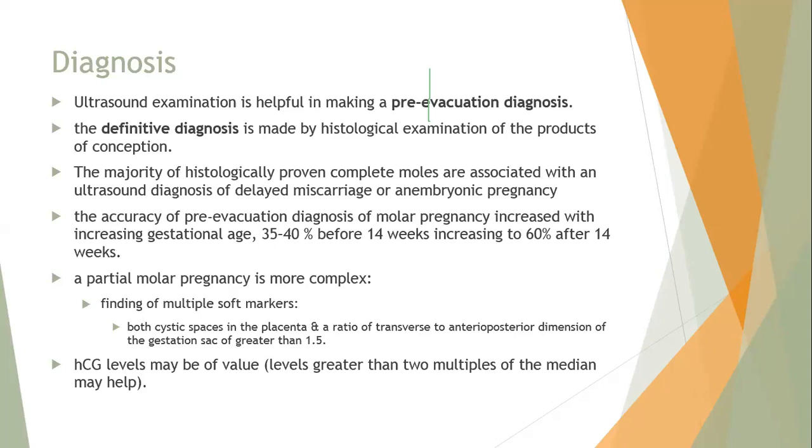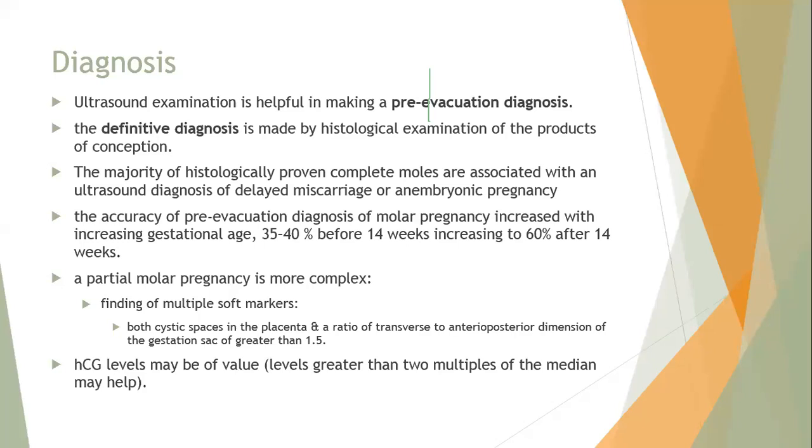Diagnosis of partial mole is more complex, because as we know, partial mole has fetal parts. It will not appear as the classic picture of stormy sunset or the honeycomb appearance. You will find fetal tissue, you will find bone, according to the stage.